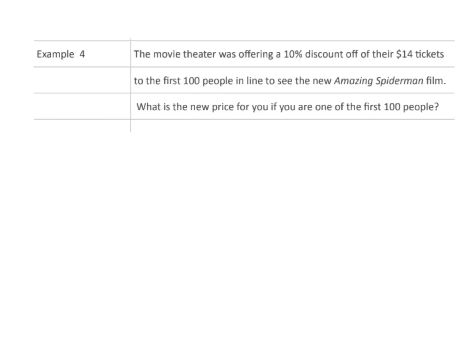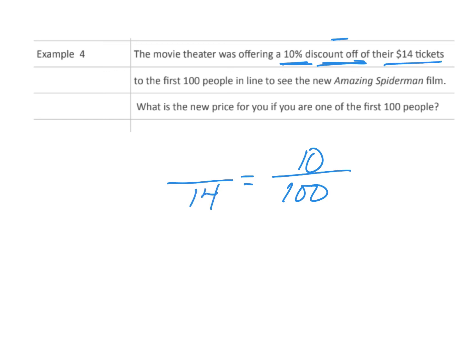Let's do one more before I give you guys the homework. So we're setting up our percent proportion. A movie theater was offering a 10% discount off. So that means we're going to subtract. 10% goes over 100. They're $14 tickets. So 14 goes down here to the first 100 people in line to see the new Amazing Spider-Man film. What is the new price for you if you're one of the first 100 people?